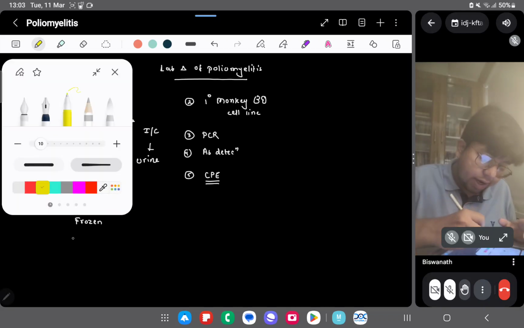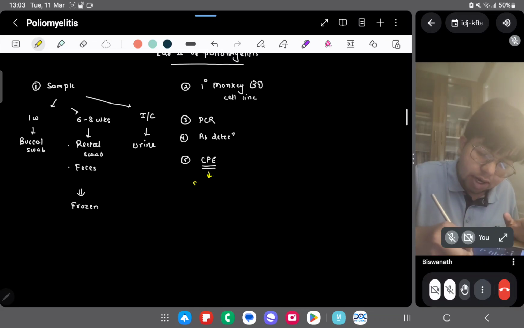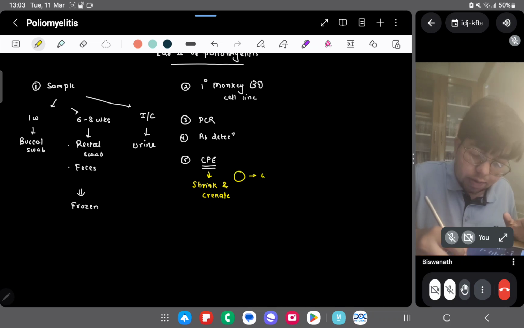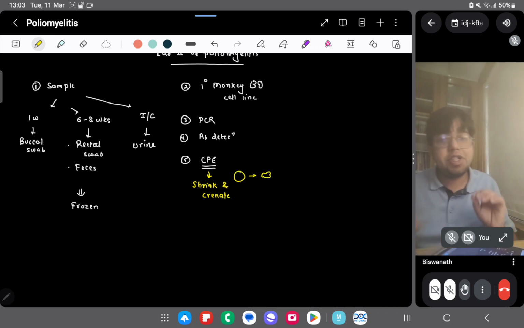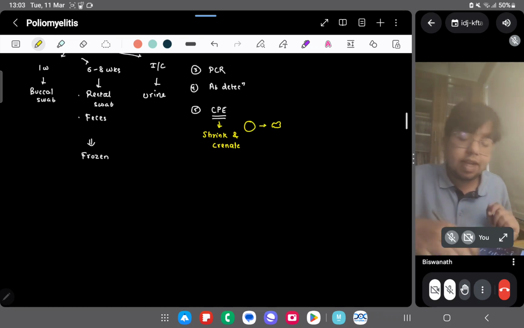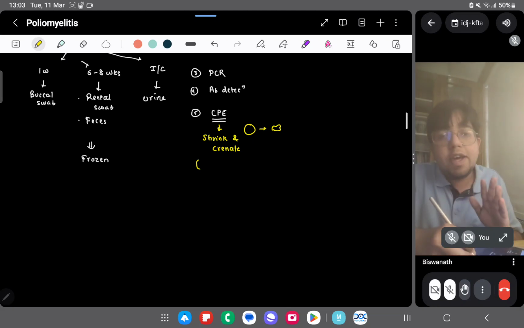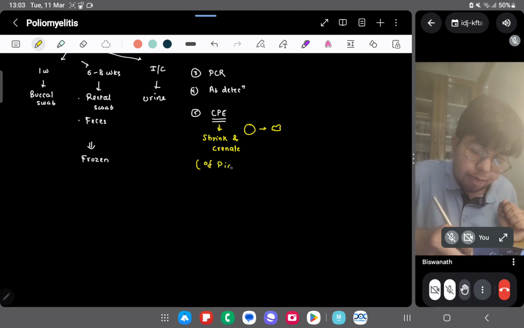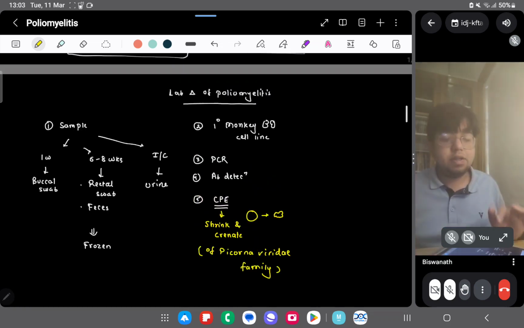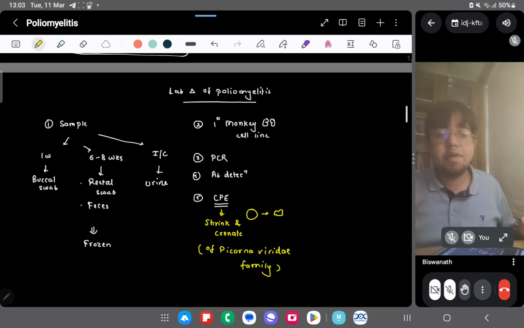Whenever there is an infection by poliovirus, the cells will shrink and crenate. So the cells will be like this. Shrinkage and crenation of the cells is the characteristic cytopathic effect, not of only poliovirus, of the Picornaviridae family, right? So this is the lab diagnosis of the poliovirus.